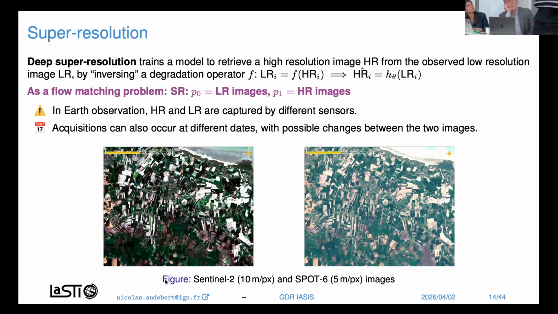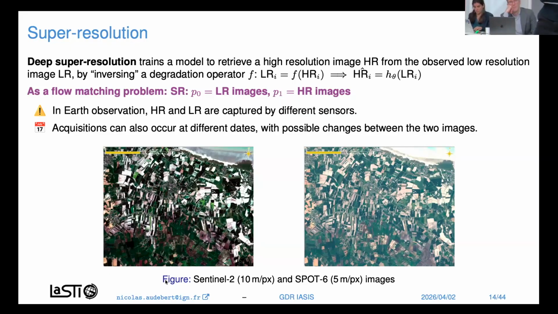And you have a degradation between the high resolution image and the low resolution image. So you assume that the low resolution version was obtained by applying a degradation operator on the high resolution observation that you have. Of course, it's not invertible, but we try to invert it as best as we can.